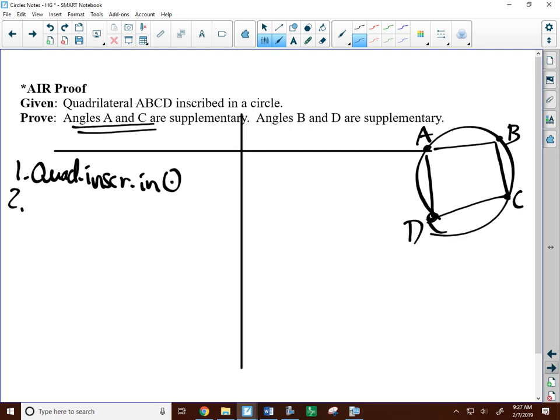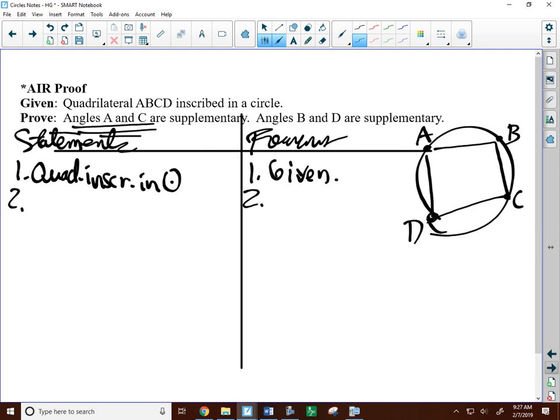It would take us about 3 extra steps to get B and D, but we'll just stick with one pair. So let's do a 2-column proof. I'm going to set up statements and reasons. So that's given, just the quadrilateral is inscribed.